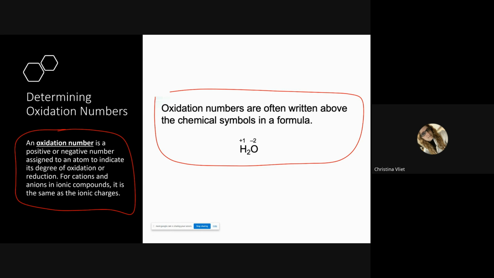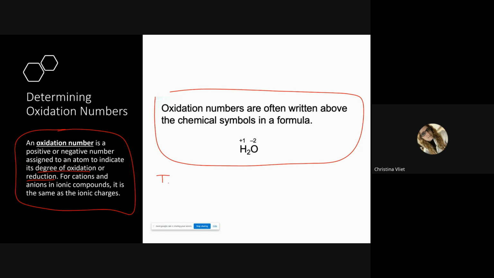So we classify an oxidation number as a positive or negative number, just like a charge, assigned to an atom to tell us how oxidized or how reduced it is. If I have a cation or an anion, it will be the exact same as the cation's ionic charge and the anion's ionic charge. So oxidation numbers actually broaden the scope from ionic compounds to also include covalent compounds.